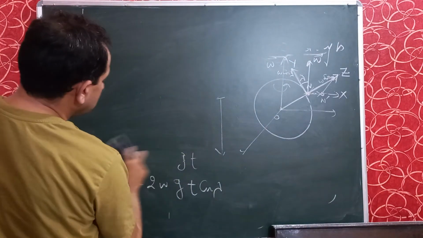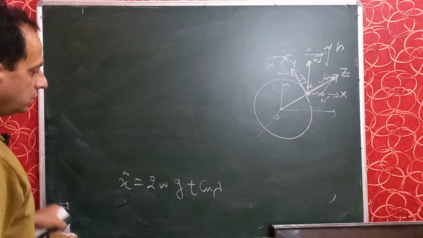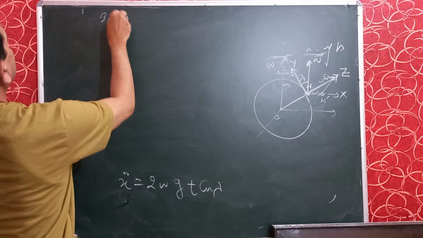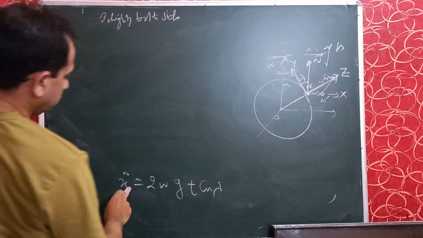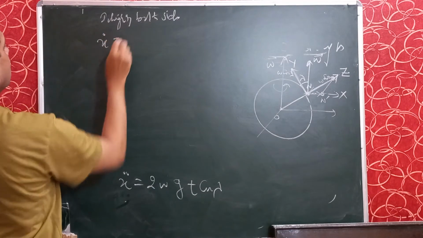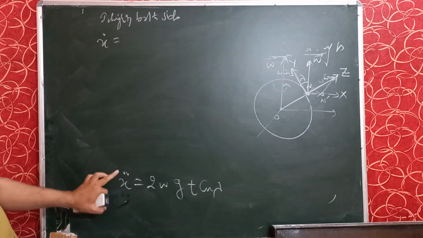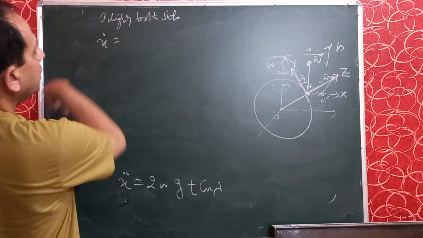Now we will find displacement. So it is x double dot, and we will take its integration. Integrating both sides, we will get x dot, because when we integrate a double derivative, one derivative is removed as it cancels with the integration. So x double dot becomes x dot on integration.